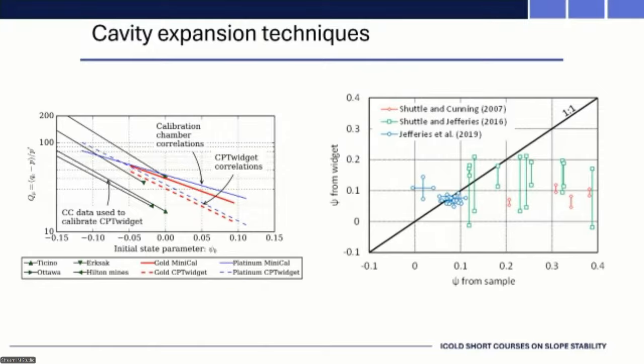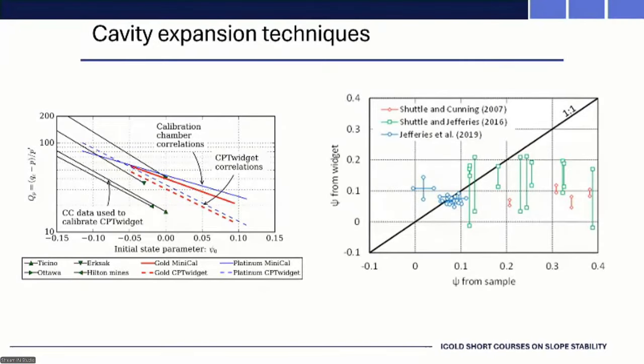But here you can see now the two materials we tested was a gold tailings and a platinum. That's the solid lines. The upper one is blue and the bottom one is red, for those who can see red. But the two lines on the right were from the minical tests. And here we were able to go right into the positive state parameter region of 0.1 and above.